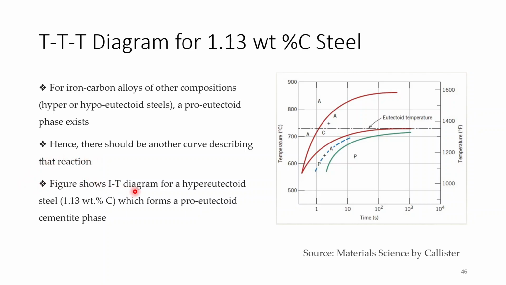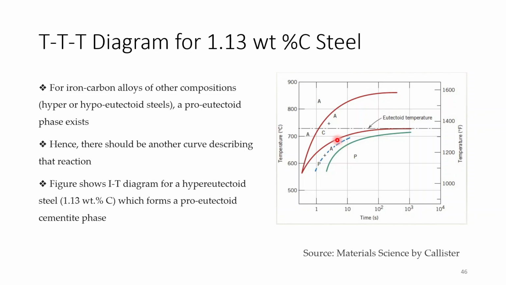This figure shows the TTT diagram for a hypereutectoid steel which forms a proeutectoid cementite phase. Now, in this case, in this part you are forming cementite, this red part, and after this red line to green line you are forming pearlite.